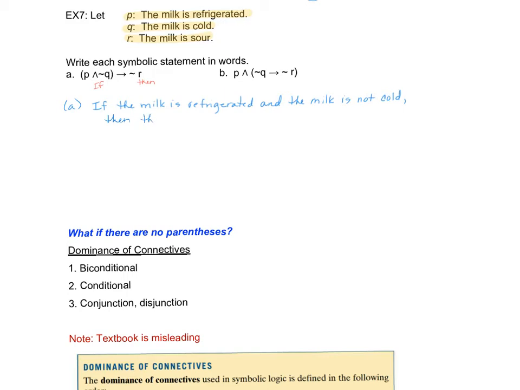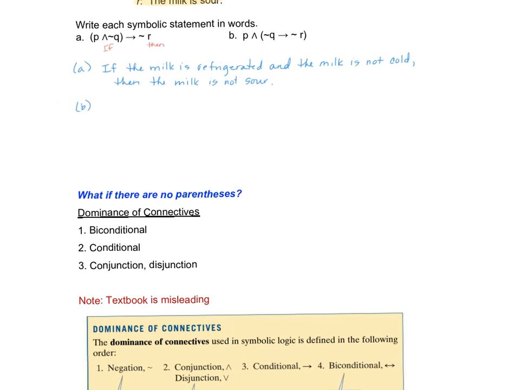Then the milk is not sour. Again, you could write that in a different way using different words and it would have the same meaning. So if the milk is refrigerated and not cold, comma, the milk is not sour, I could kind of rearrange it, but you do want to be careful.